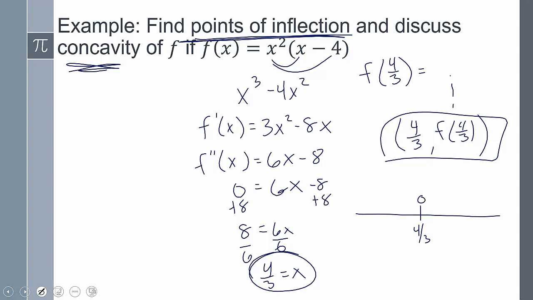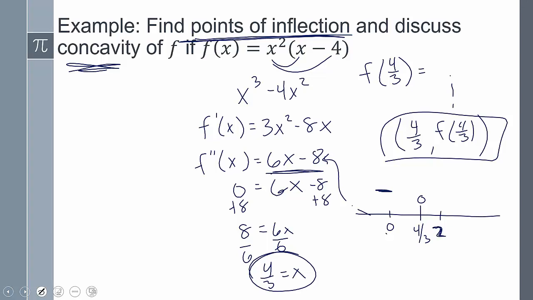On this side, let's say I test 0. I plug 0 into my second derivative and I get a negative number. And if I plug in, actually I want to plug in 2.